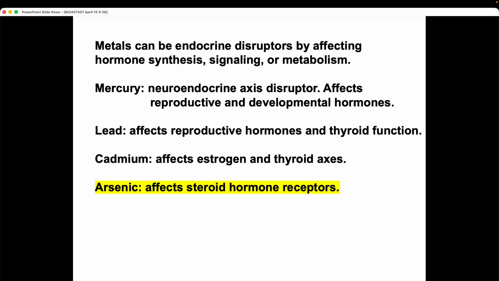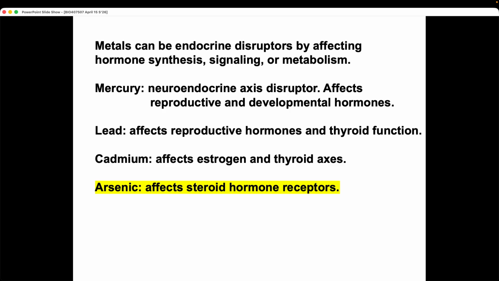But what about endocrine disruptors? I'd like to go back to that, because when we think about endocrine disruptors, we always have to think: is it binding directly to the receptor and messing up the receptor in some way, or is it affecting the synthesis pathway, or the cells in the endocrine gland that make the hormone?